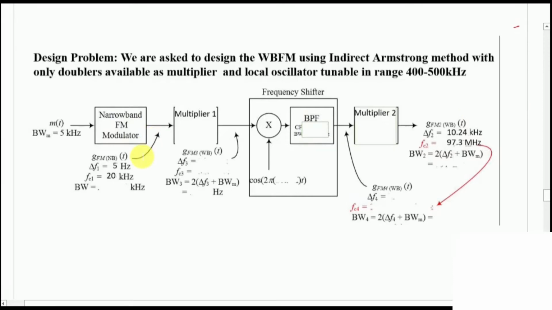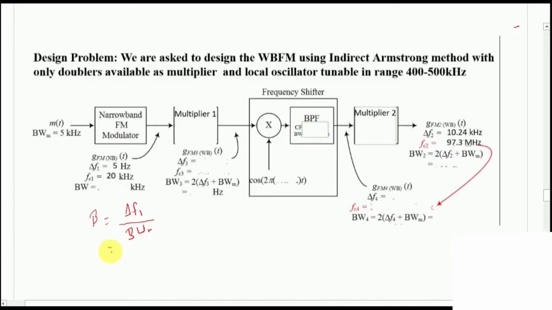For the purpose of validation, we can detect the modulation index at each. We know that the modulation index, beta, is equal to the frequency deviation, over here delta f1, divided by the bandwidth of the message signal.